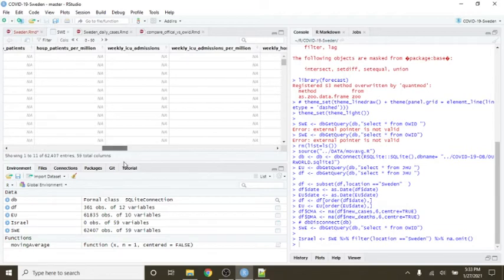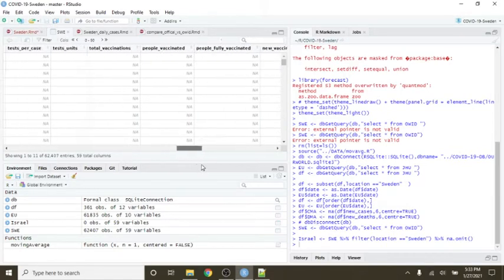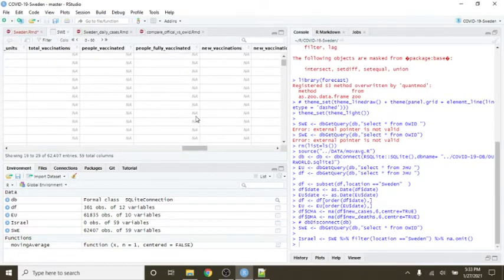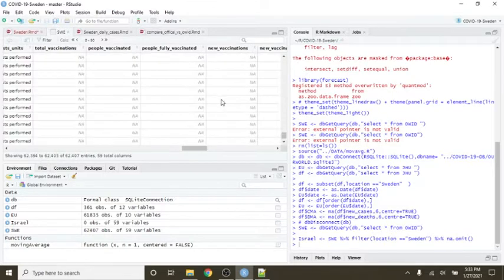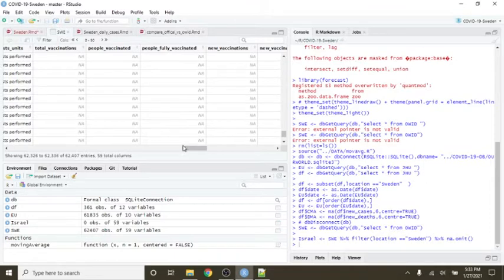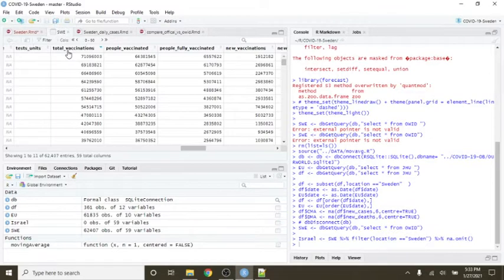Now we got the vaccinations. Do they have any vaccinations? Are they recording any vaccinations? Oh, interesting. No, you are reporting vaccinations.